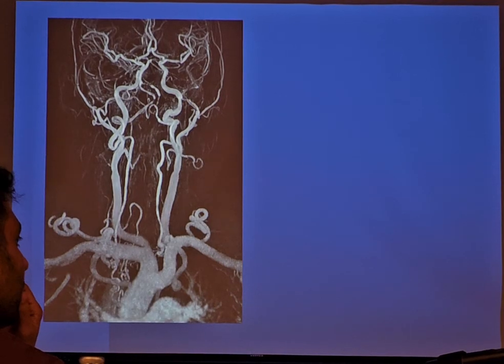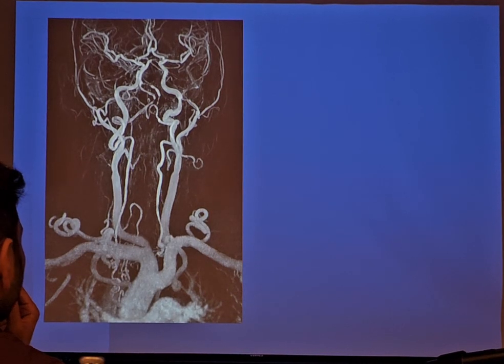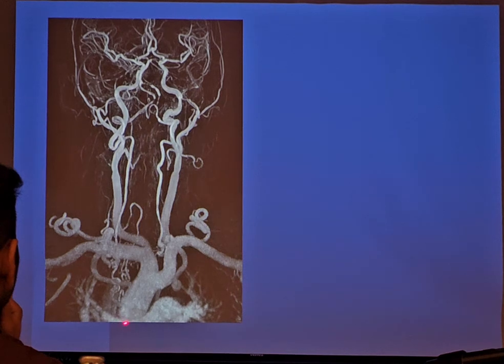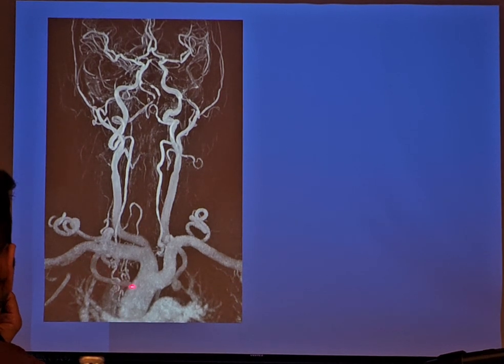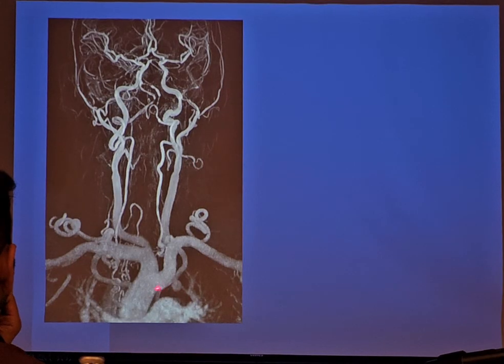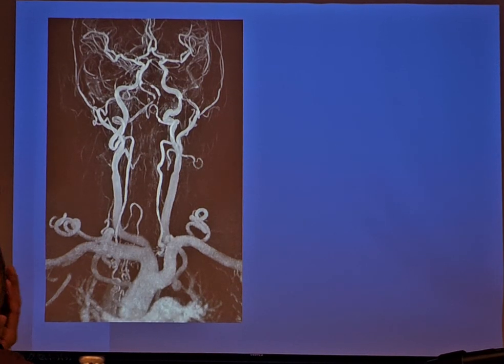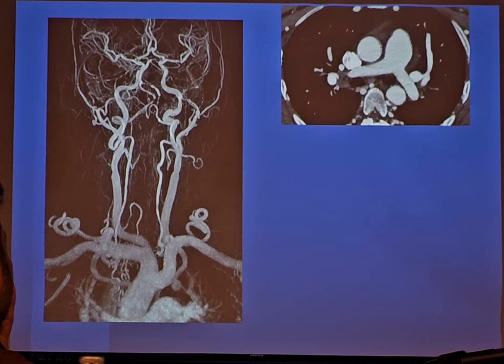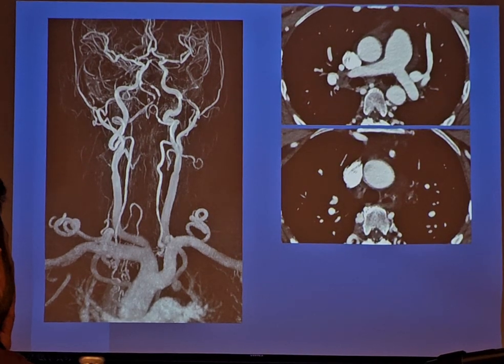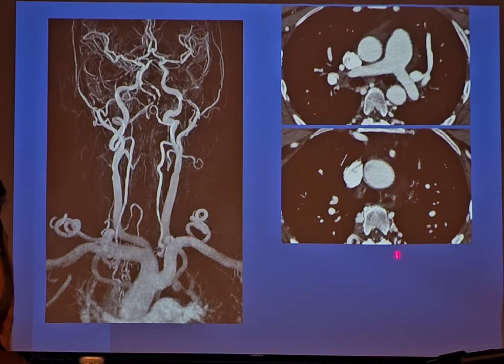Bovine arch? In a bovine arch you see the pulmonary artery is supposed to be above. What's happening beyond this point of the aortic arch? Coarctation. It's a good thought. But there's no descending aorta. Right?